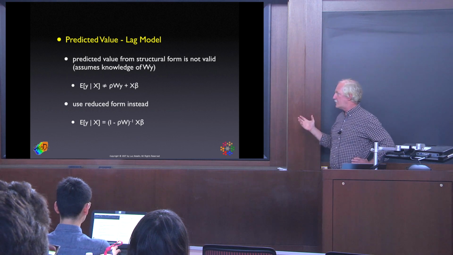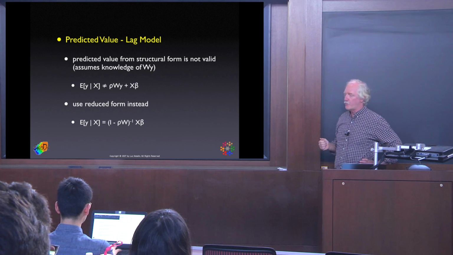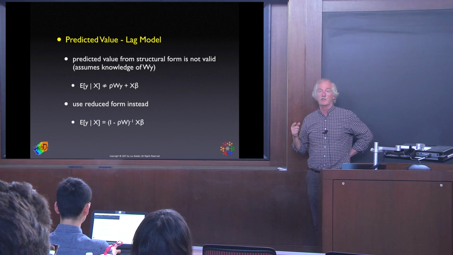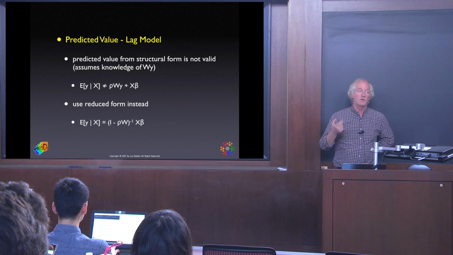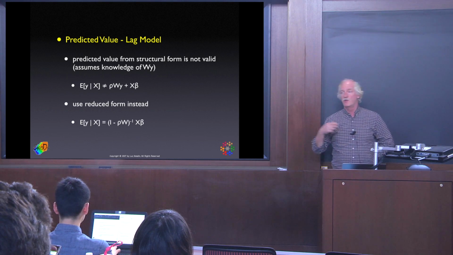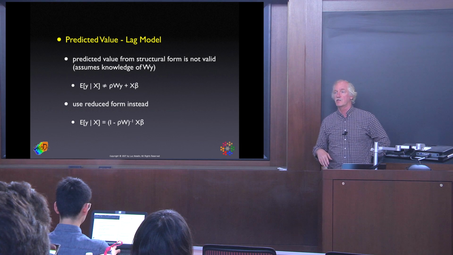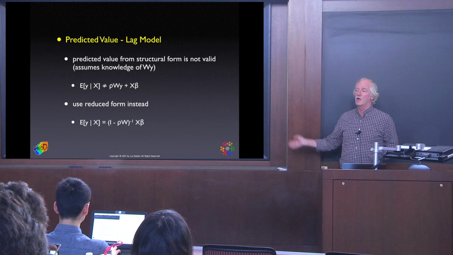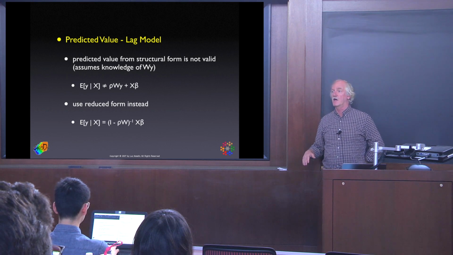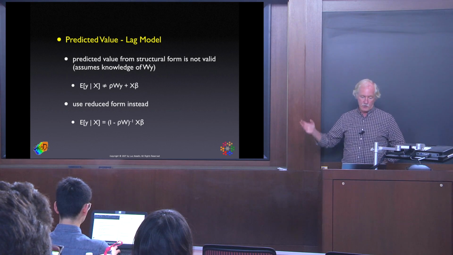So in practice, we then come up with this notion of a predicted value, which is from the reduced form. And that's how you have to do this, for example, in a system of simultaneous equations as well. When you have endogenous and exogenous variables, you want all the endogenous variables on the left-hand side. Otherwise, you can't solve the system.